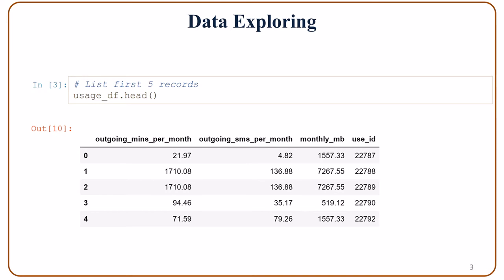So as said before, in order to extract a few records, usually 5 records, just use the head method.